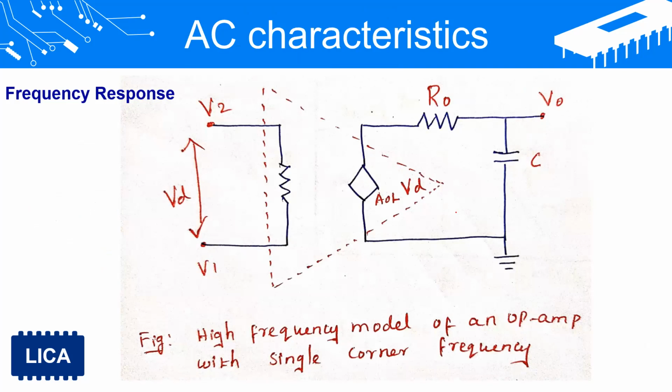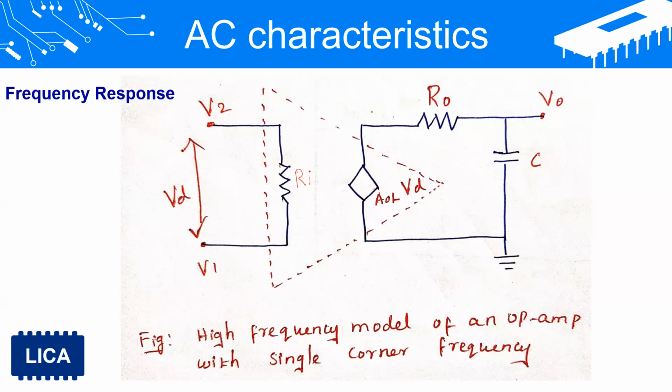Consider this circuit. It is the internal high frequency model of an op-amp. The dashed line denotes our op-amp symbol, and inside the op-amp we have this. This resistor is named Ri. I didn't put it here, so please make a note: Ri.